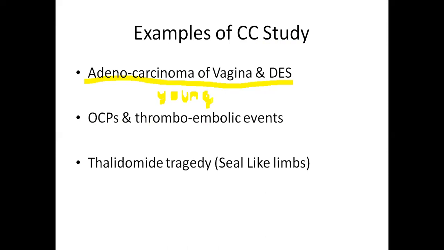What is remarkable is that when a case control study was done, it was found that when these young women, listen to this carefully, it is interesting, when these young women were female fetuses in their respective mother's womb, and when the mother had taken diethylstilbestrol, that led to some changes, which led to an early onset adenocarcinoma of vagina.